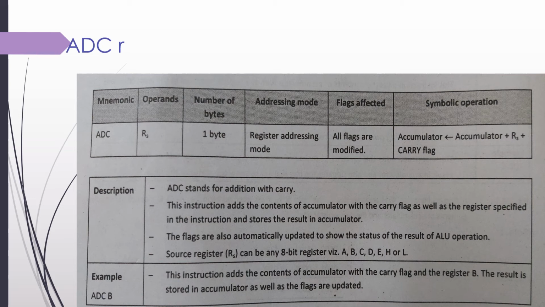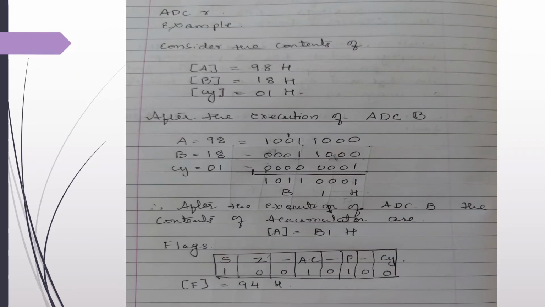Again in the example you need to assume the data in the register and the accumulator, and assume the content of the carry flag also, and then add all the 3 and put the result in the accumulator. That is how you need to show the example. You can see the example of the same, how it is to be shown.